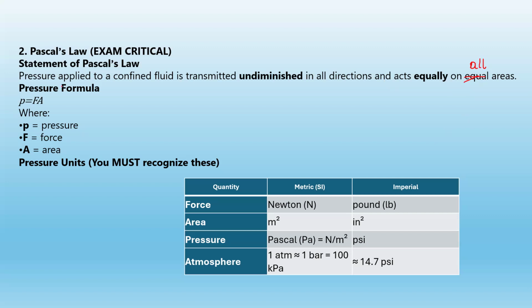And here's another big mistake. I didn't catch it. Pressure equals force over area. How can we tell? Check the units. The units, in square brackets I always put them.